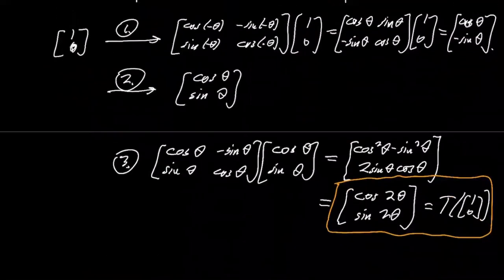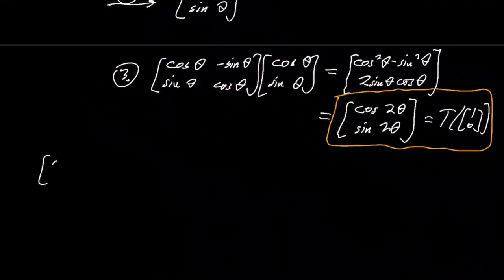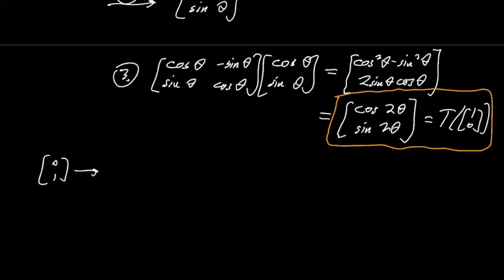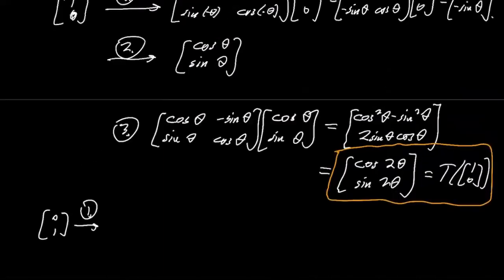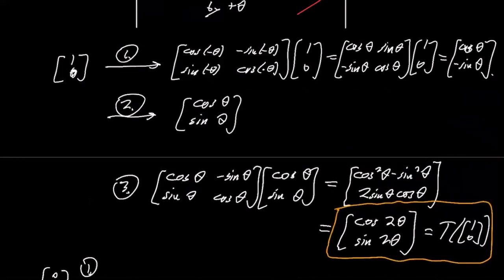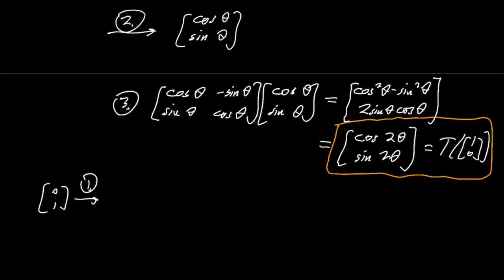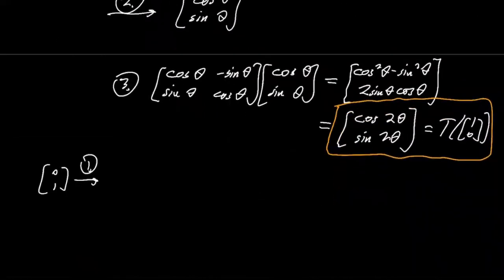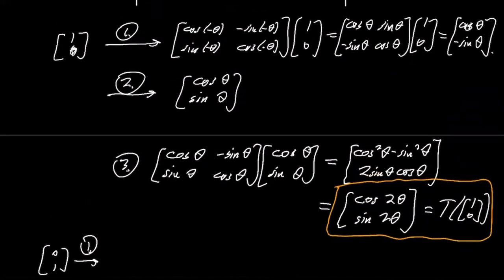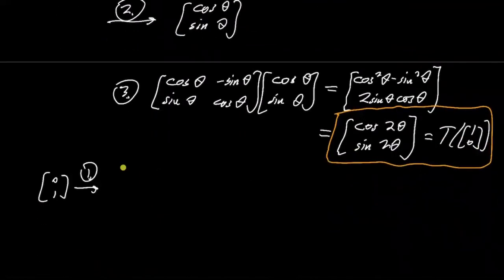Comes up a lot. Now, what about 0, 1? Well, let me just do it faster now. So for 0, 1, we're going to multiply by step 1. We're going to rotate again by this negative theta matrix, this matrix right here. In fact, you can already see we're just going to get the second column of that matrix, because that's the whole point of multiplying by 0, 1. But let me just copy it out.